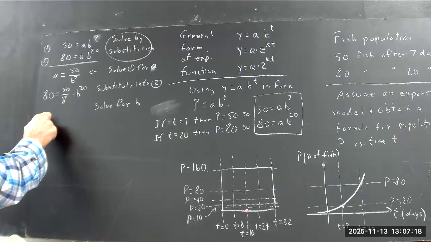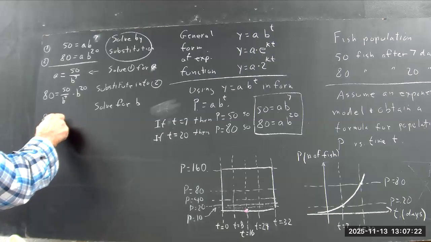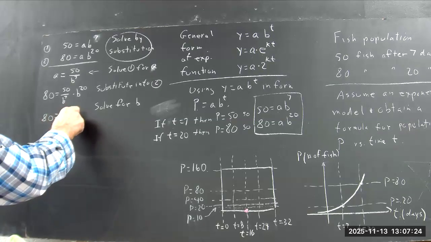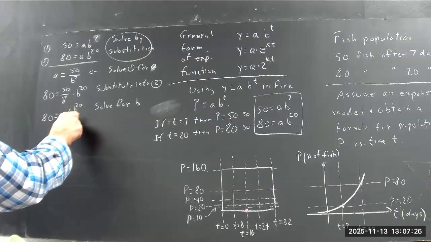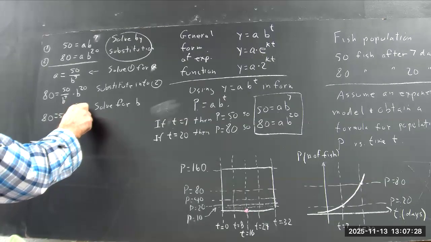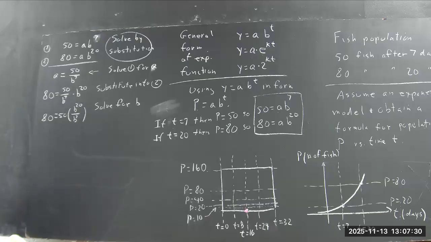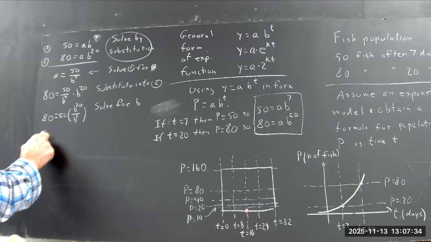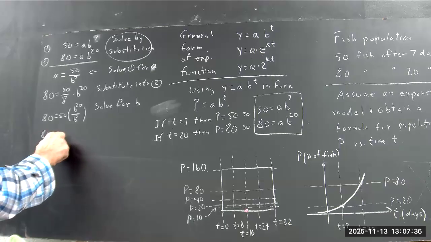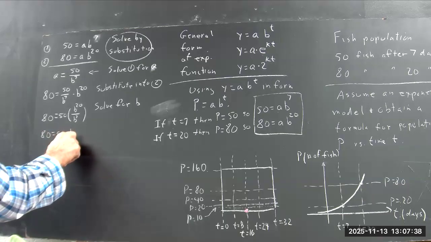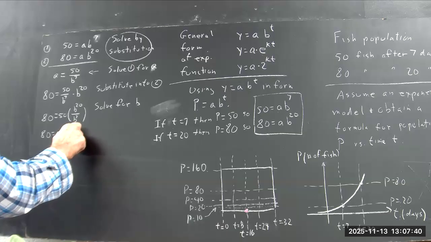We have, first of all, we rewrite this as 80 equals 50 times B to the 20th over B to the 7th. Then that's 80 equals 50 times B to the 13th.